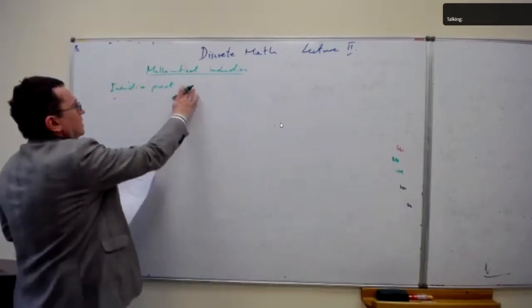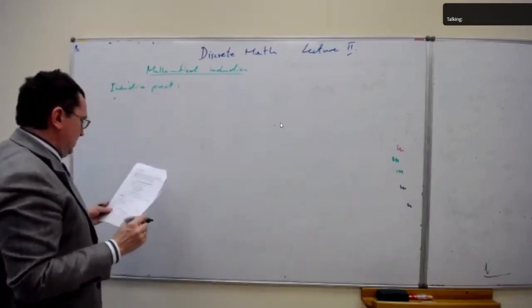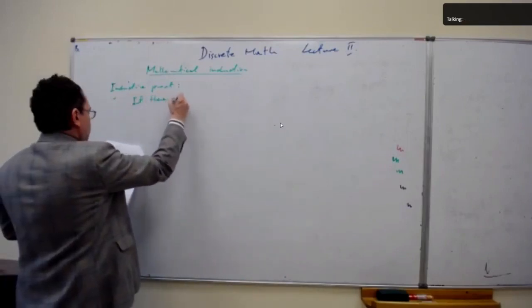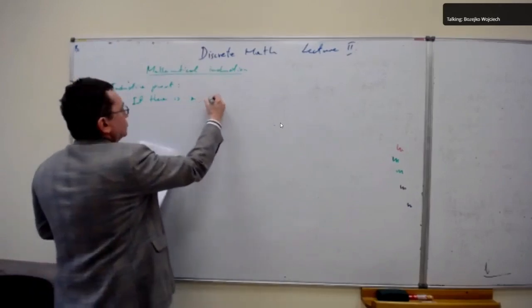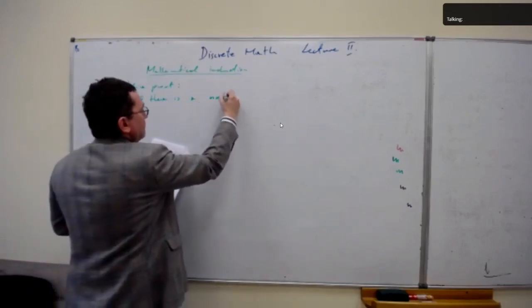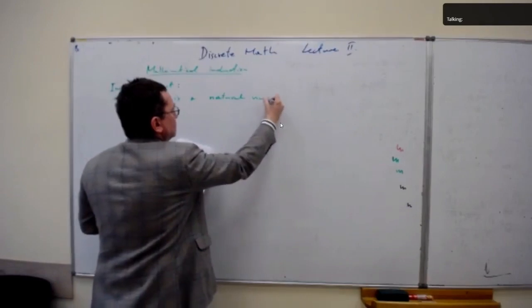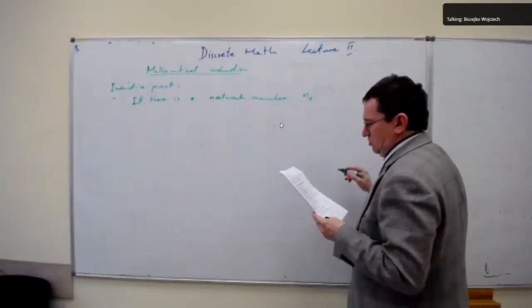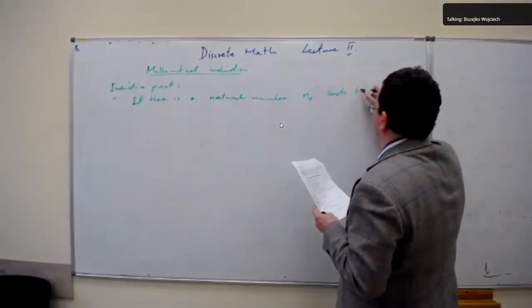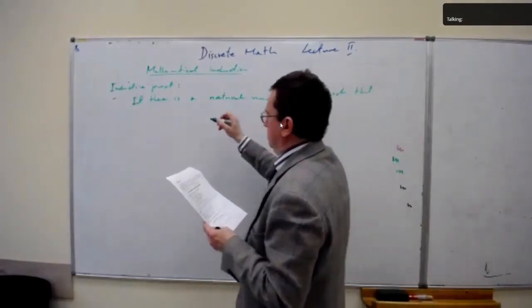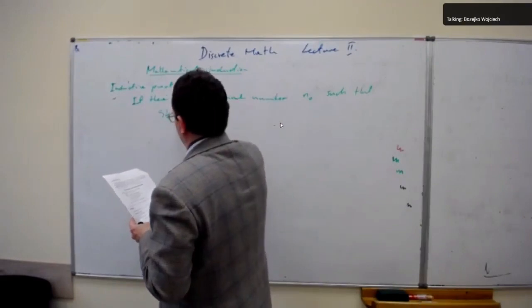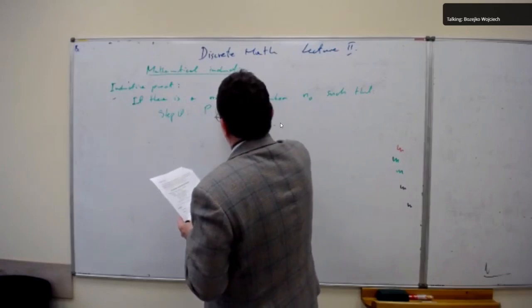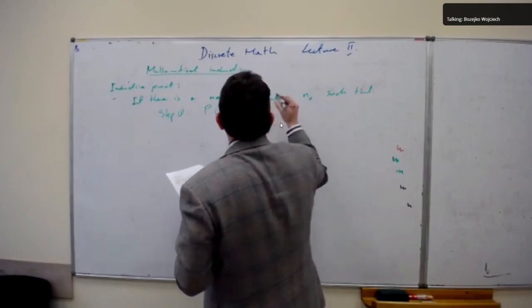Maybe I will write it in a formal way. If there is a natural number n, let it be n0, such that step 0, we have some property P from n0 is true.